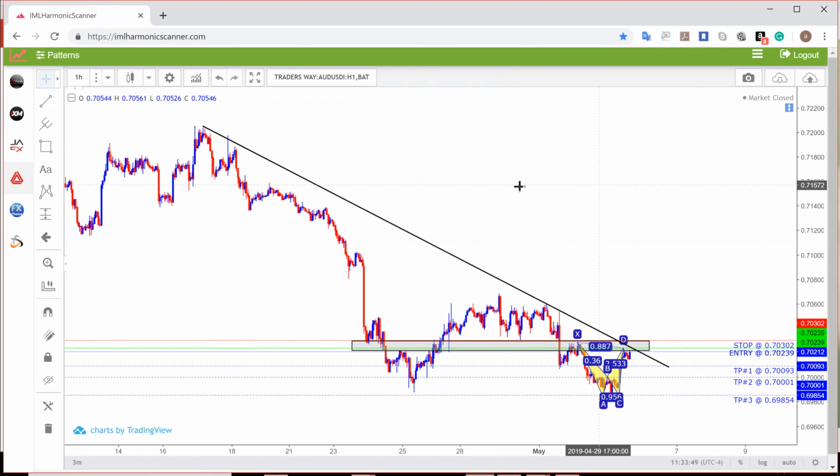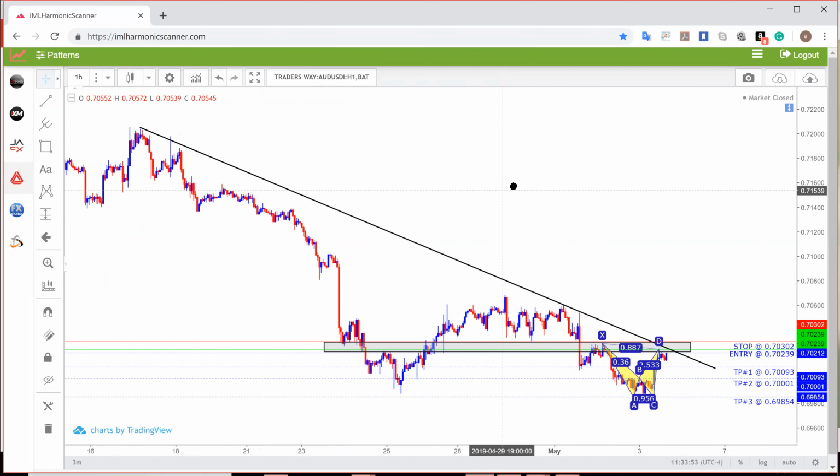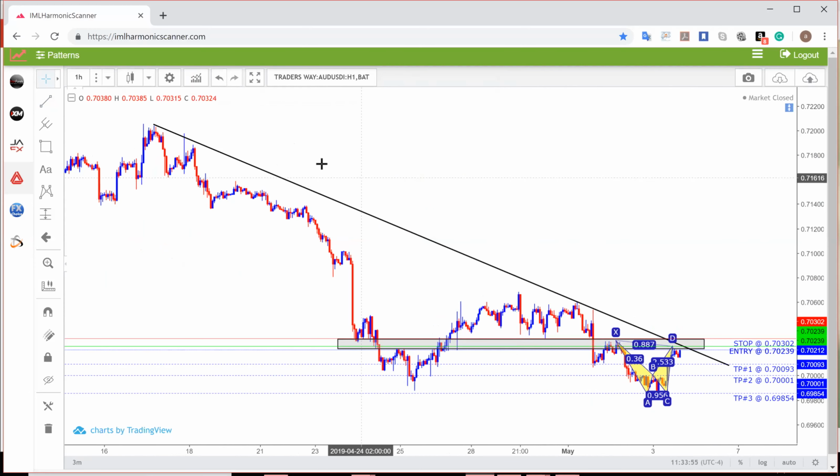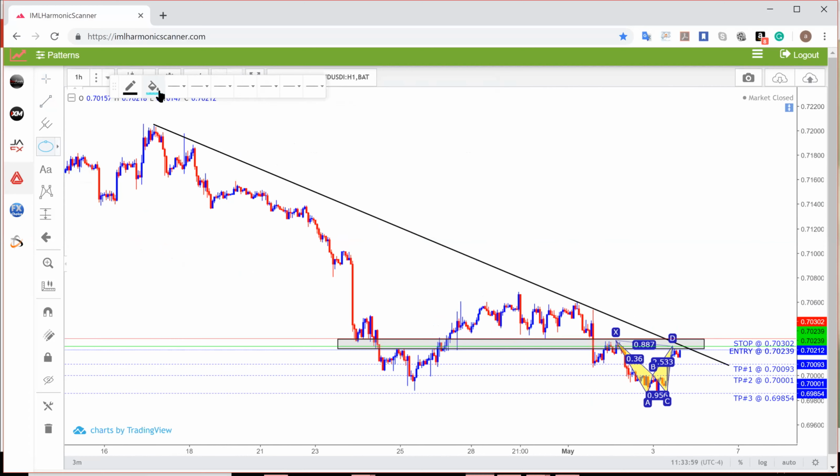Now we can see here, right, that when price got to this point, what did it do, guys? It went down, right? It reversed.